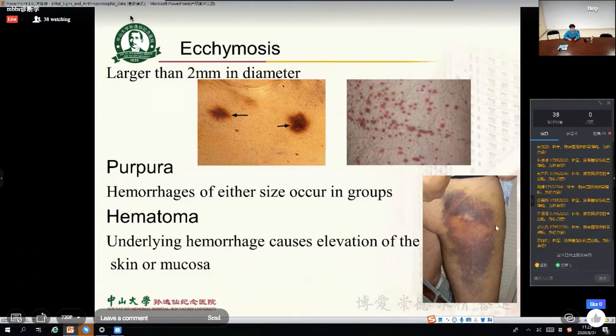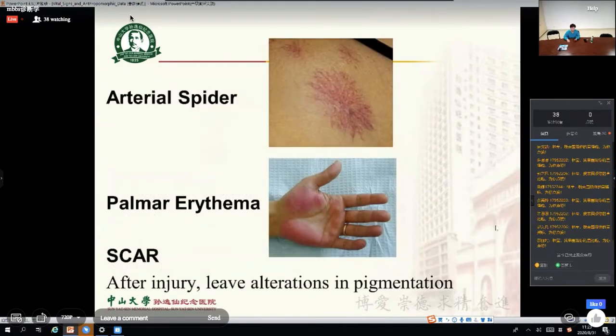These are the skin lesions whose names we need to know. They may be indicative of different pathological situations. Arterial spider, like this, is made of small arteries with different branches around a central part. If you apply pressure to the central part, you can occlude the small artery in the center, and all the surrounding branches will turn pale. The shape is just like a spider.